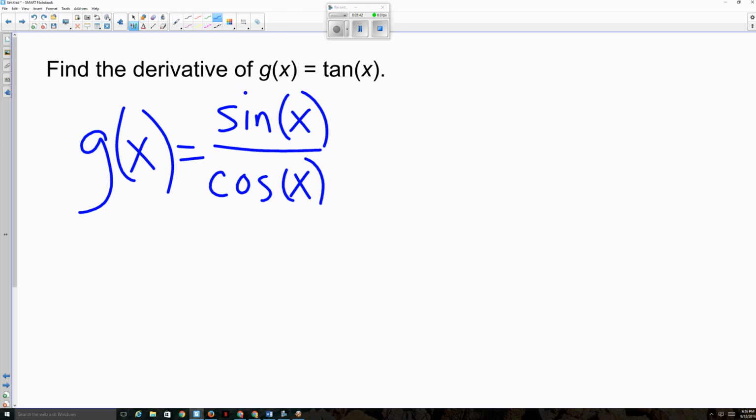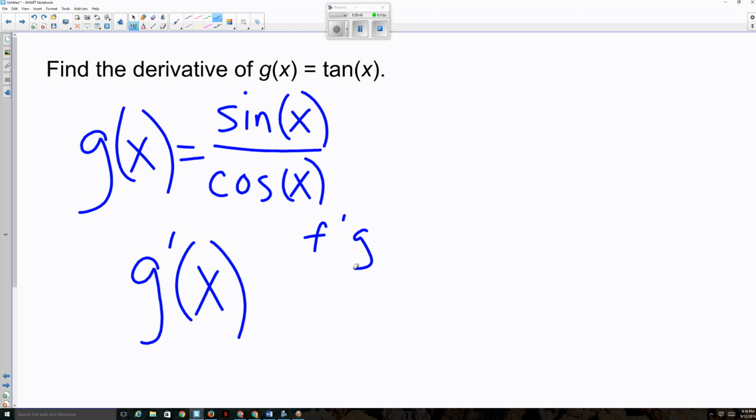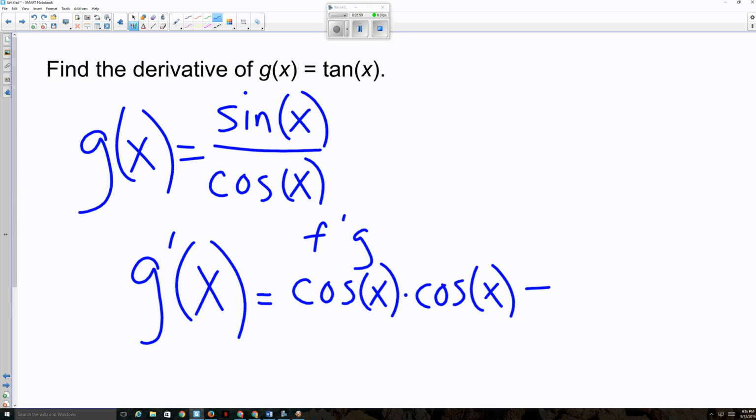And so now we're going to take the derivative, and remember it's f prime g. So that's cosine of x times cosine of x minus, then it's f g prime. Well, that's sine of x times the derivative of cosine, which is negative sine of x.